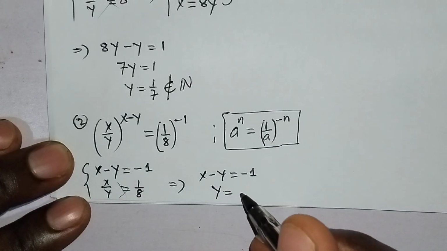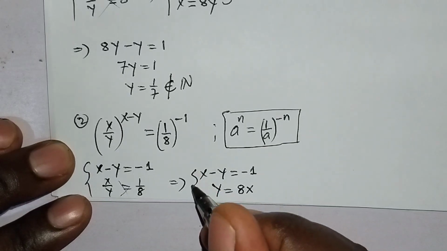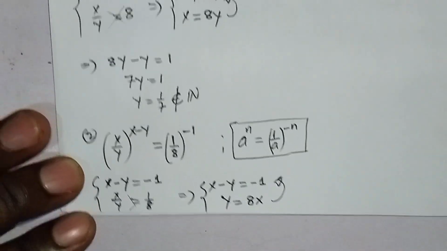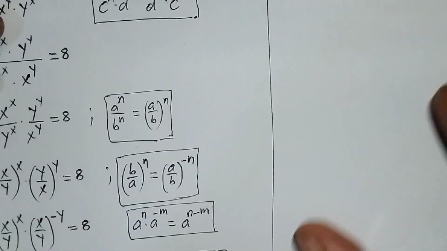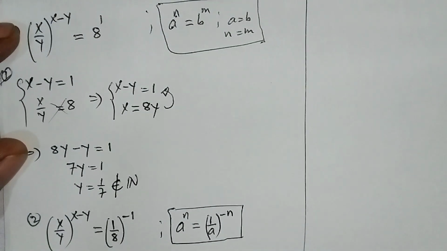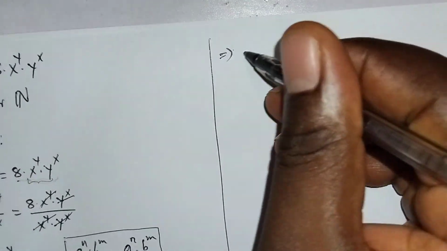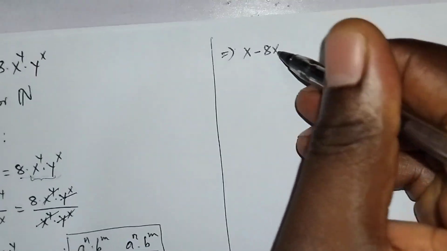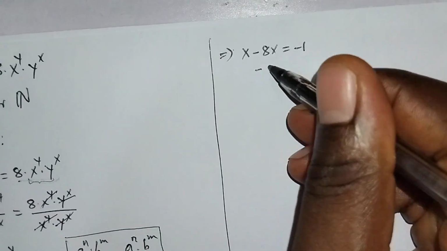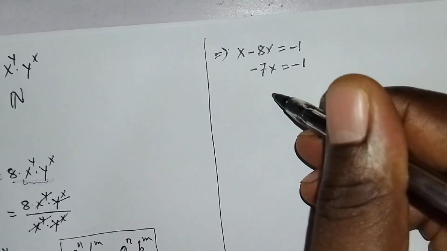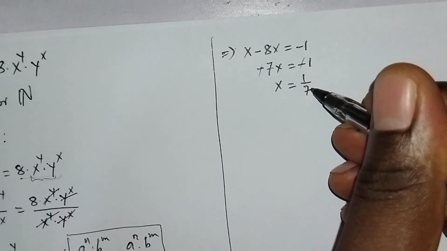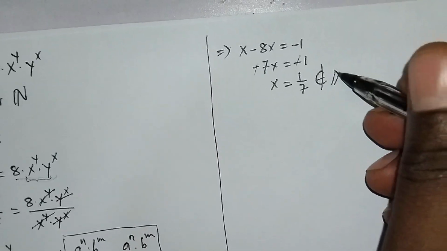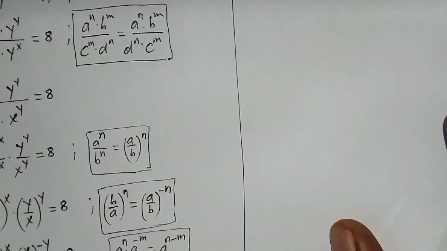It is y equal to 8x, and replacing here we have x minus 8x equal to minus 1. So minus 7x is equal to minus 1. So x is equal to 1 over 7. Also this is not a natural number, so it is rejected.